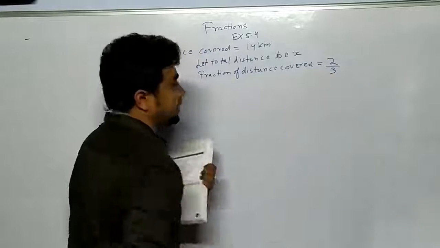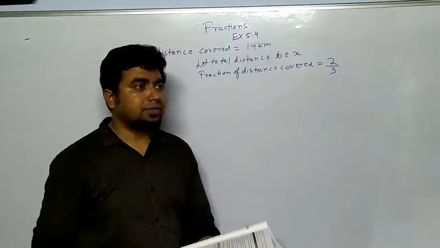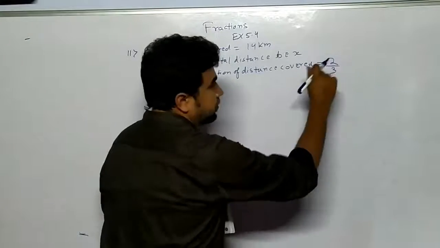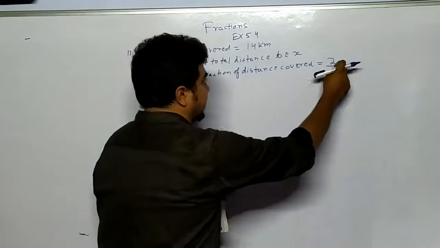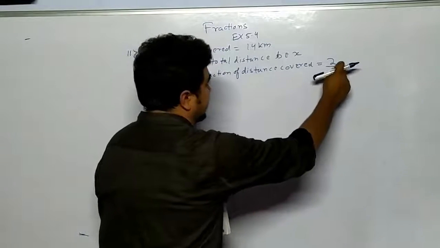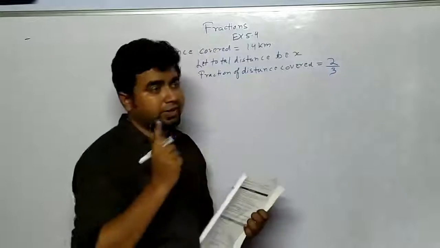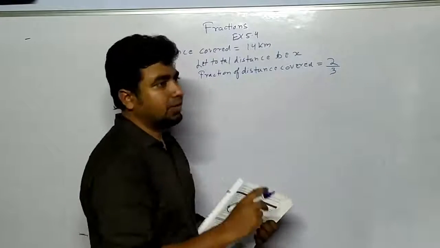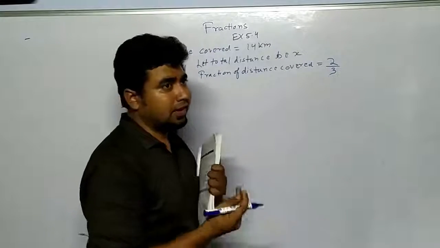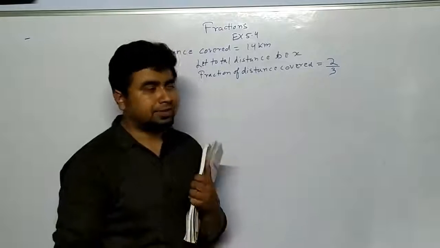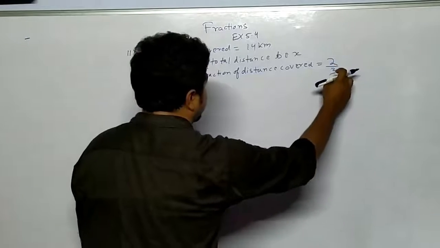Or you can say the part left uncovered is 3 minus 2, which is 1. Out of 3 parts, 2 parts are already covered, means 1 part is left. 1 out of 3 is left uncovered. Here the covered part is 2 by 3.